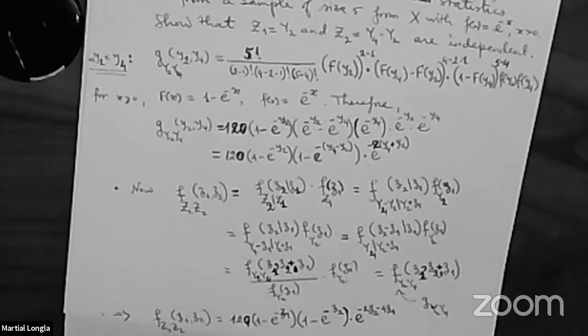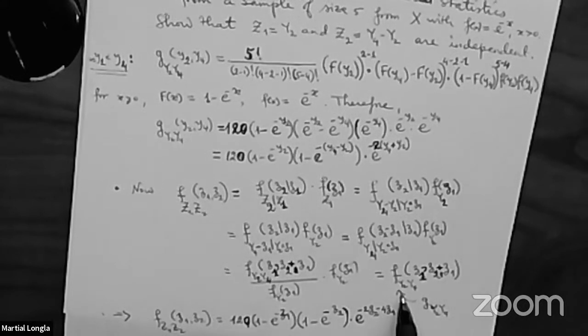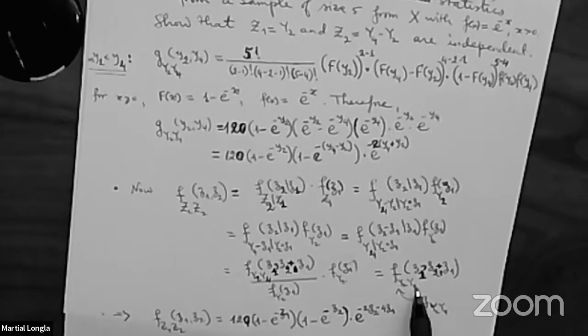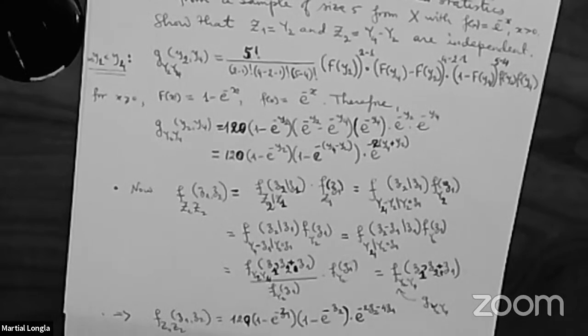If you're smart enough to be using transformations, you use them, but I don't. I repeat the same work I gave you then to find out that the joint distribution of Z1, Z2 is nothing but the joint distribution of Y2, Y4 applied to the point Z1 and Z2 plus Z1. You can check the steps. It's the same steps that we had back then.